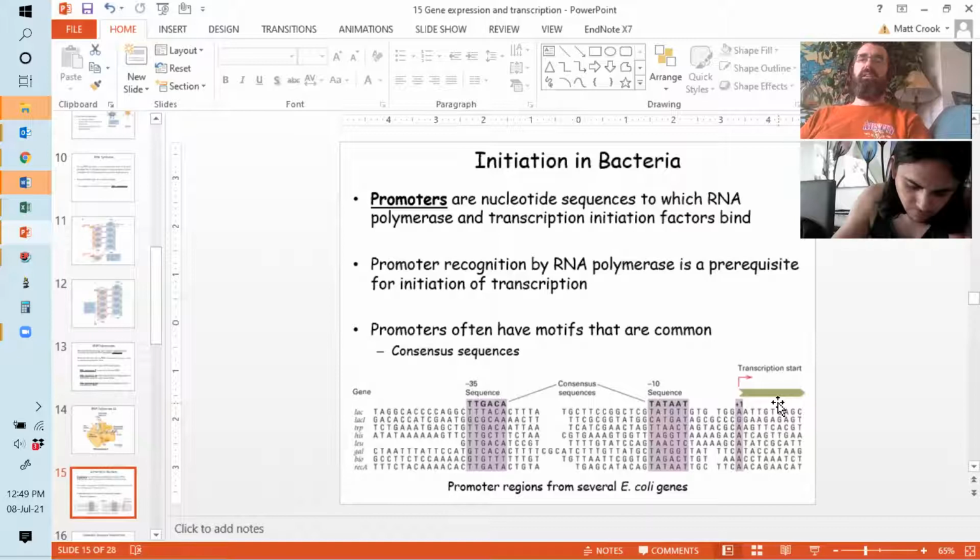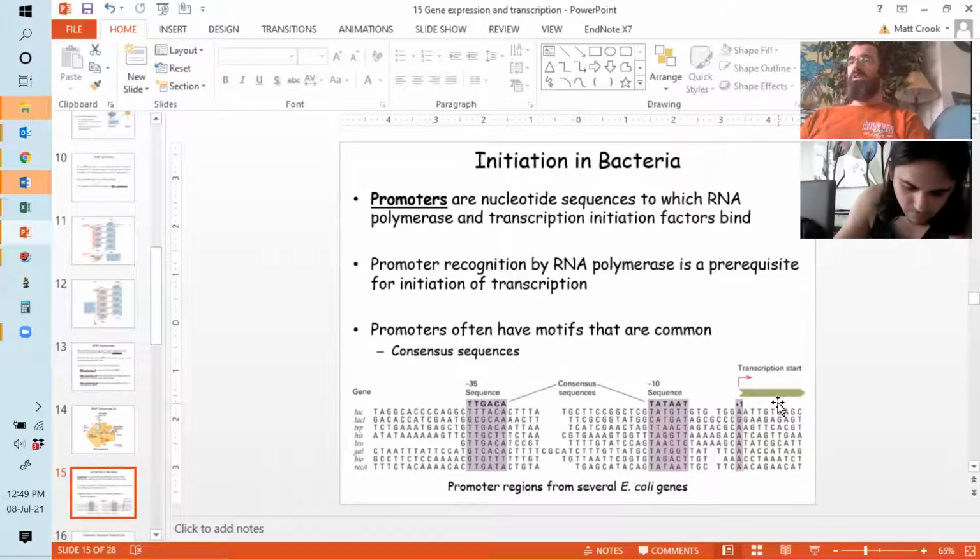So one of the key things to remember, and this is universal for all organisms, is that RNA polymerase is not very good at binding promoters on its own. It needs help. And so there will typically be other proteins which recognize promoters, and they recruit or guide RNA polymerase to those promoters to begin transcription.